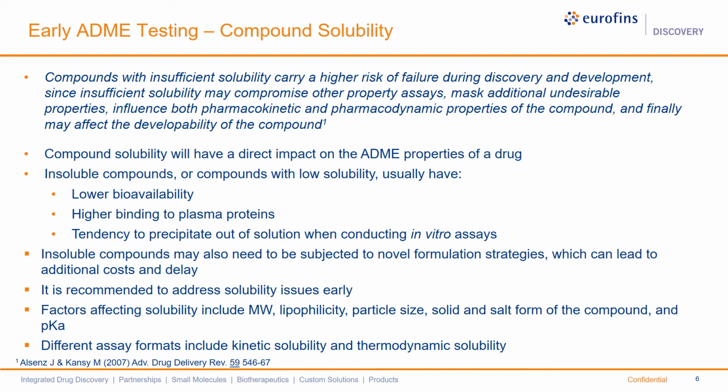And the other issue with low solubility is that a drug may have the tendency to precipitate out of solution, not only in in vitro assays, as we'd mentioned a few seconds ago, that can give misleading results on both potency in desirable assays, as well as potential liabilities from a safety pharmacology perspective, but also this may possibly occur in the body, which could result in localized toxicities at the point at which it precipitates.